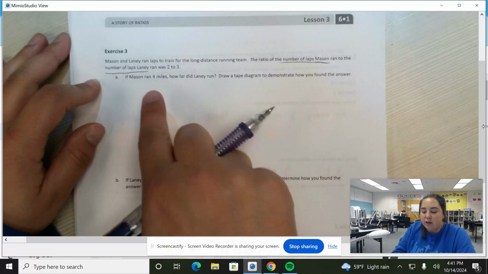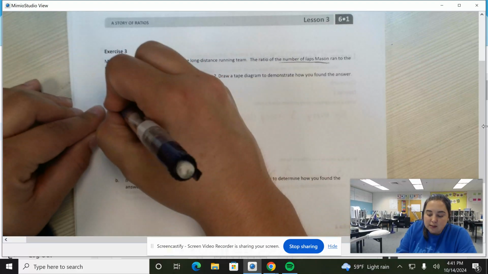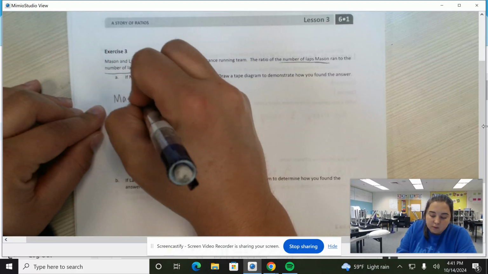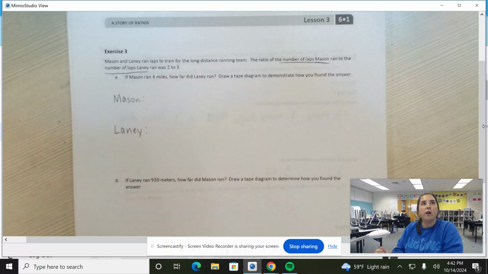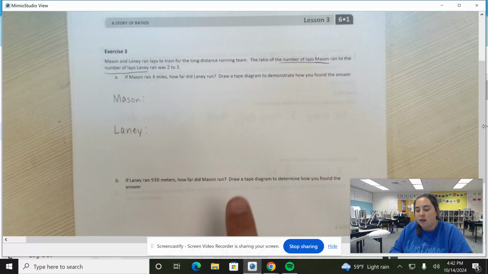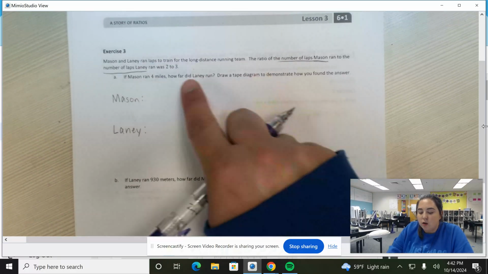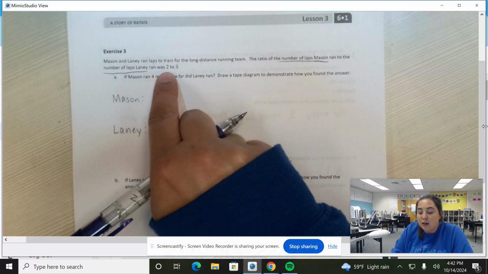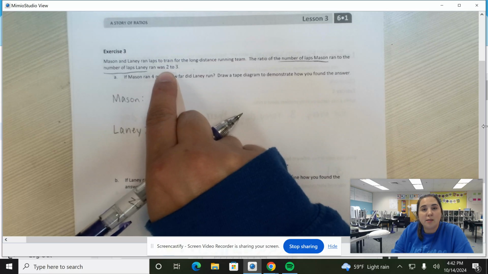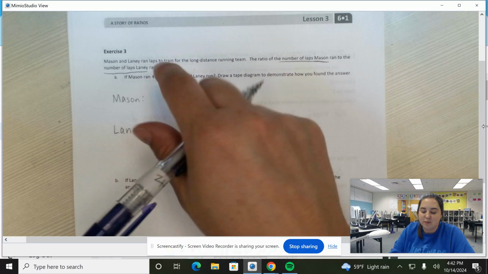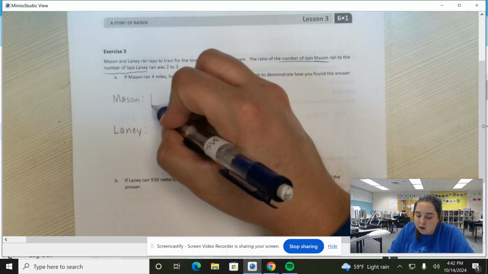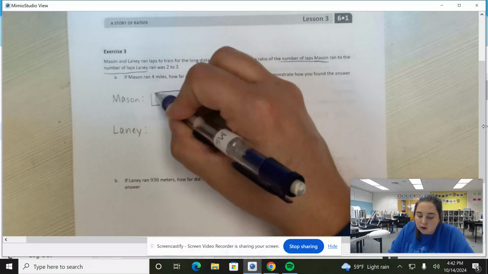So again, we have Mason and Lainey. So I have Mason and Lainey, setting it just like I did before. And looking at what we know, for every 2 laps Mason did, Lainey did 3. So I'm going to show that here.